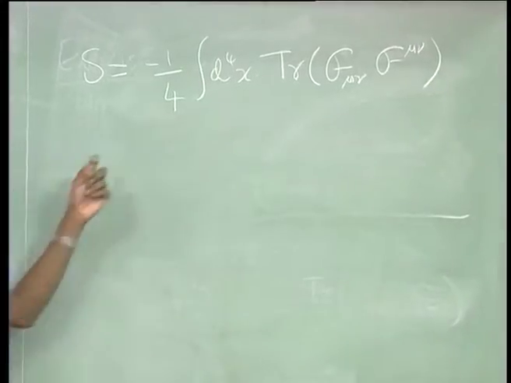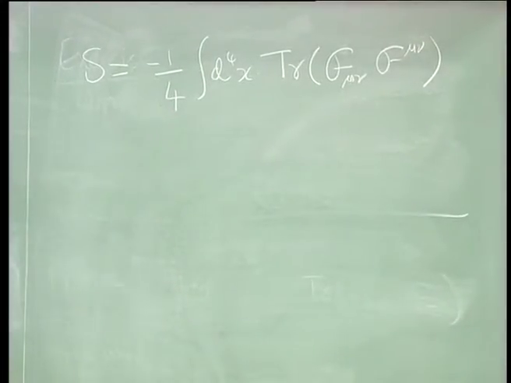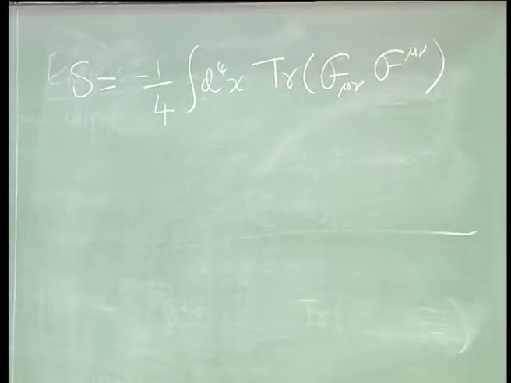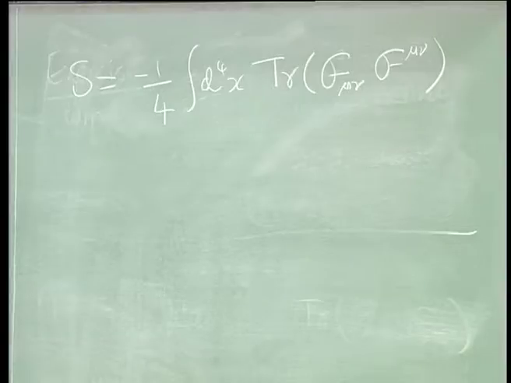We had worked out the normalization with the traces. What is the normalization? Can you look up your notes and tell me? Was it 1/4, half, or half? Just last lecture we had worked it out, I think.